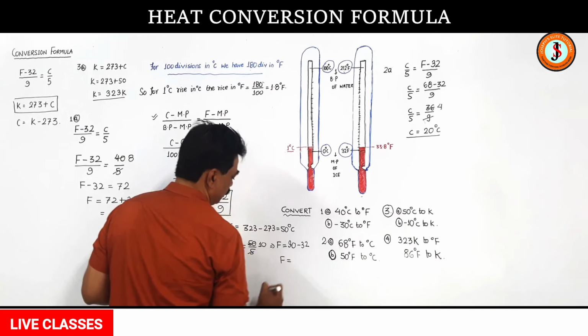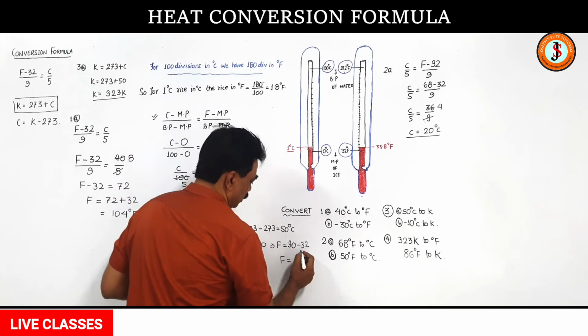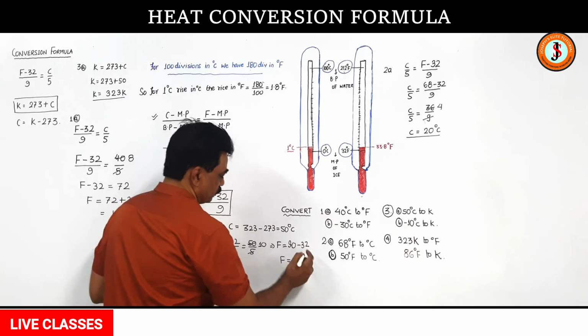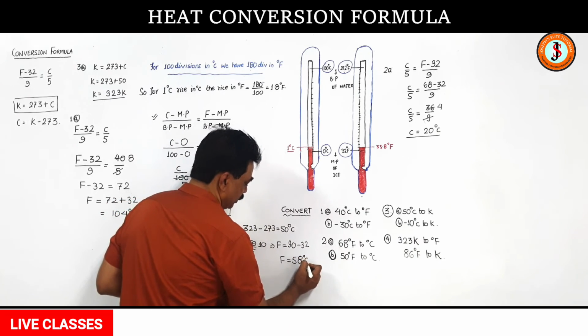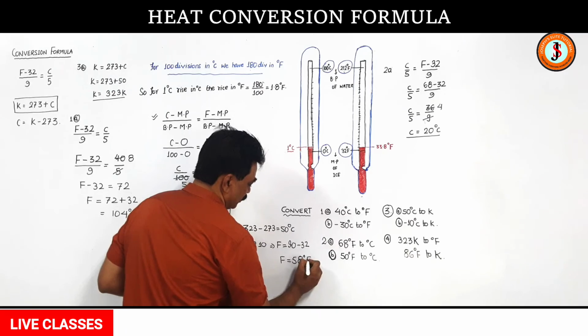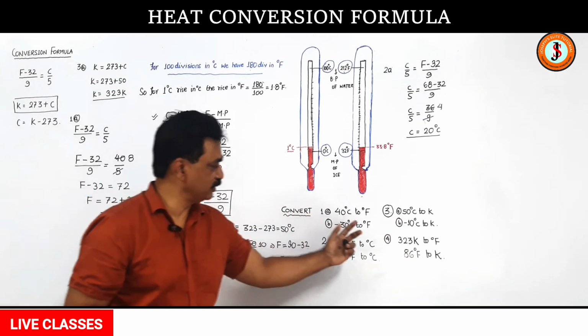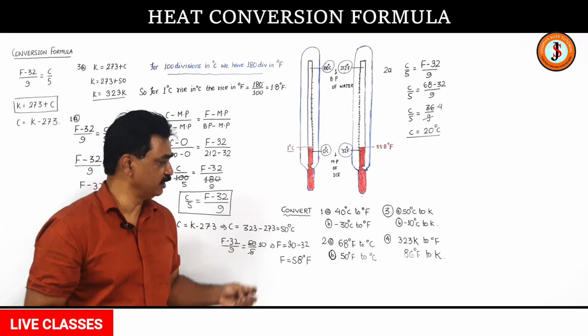So Fahrenheit will be how much? Let me see. 58 degree Fahrenheit. So that means 323 Kelvin is 58 degree Fahrenheit.